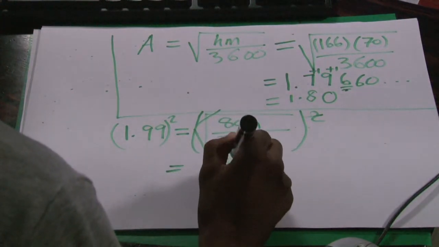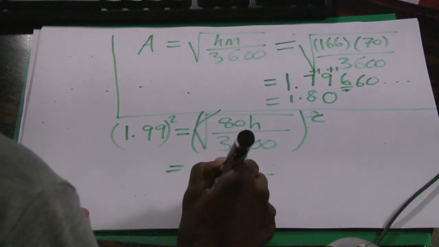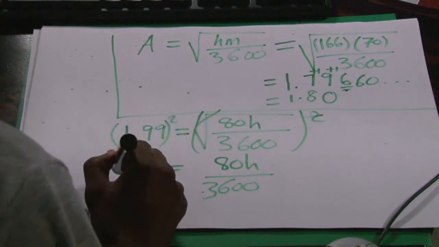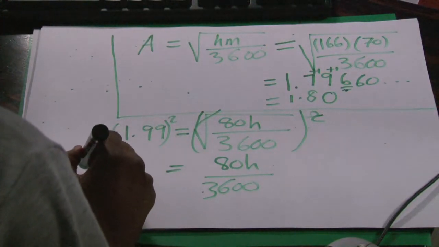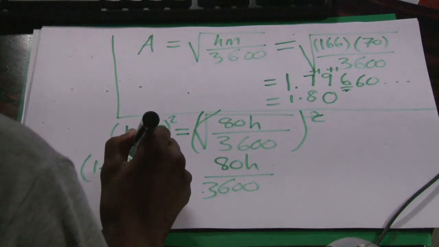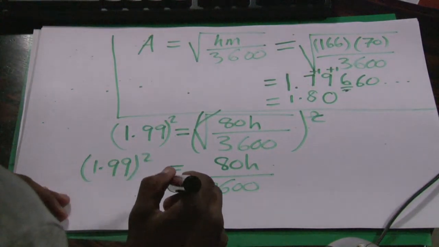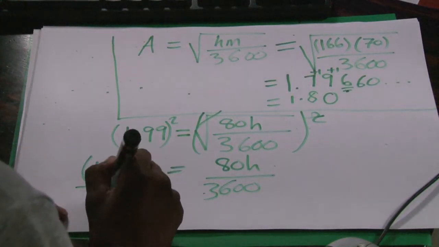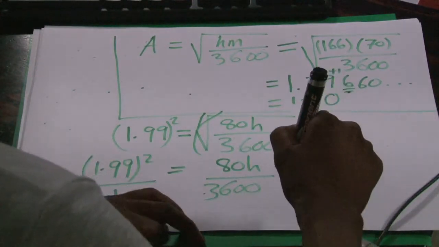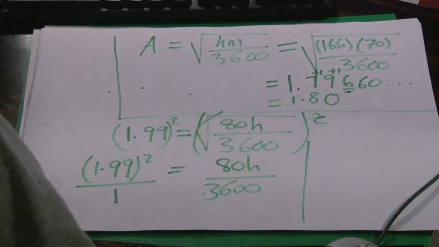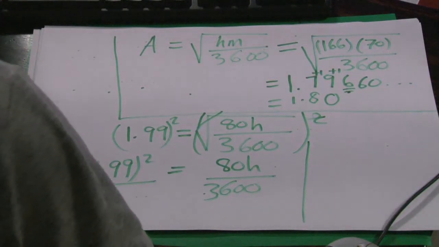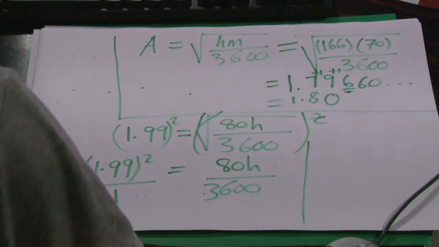Now we will remain with 80h over 3,600 equals to, I'll keep this one as it is, 1.99 squared, and then from there just make this one over 1, cross multiply so that you can get 1.99 squared multiplied by 3,600.